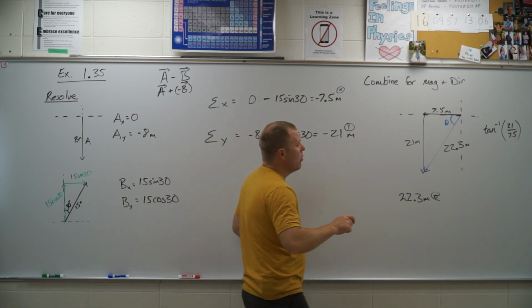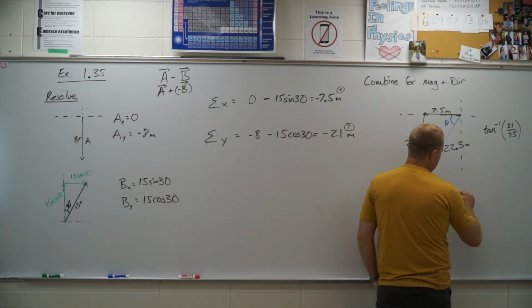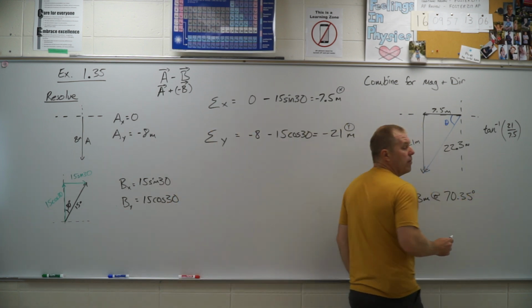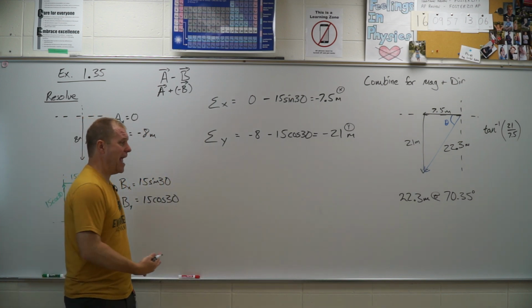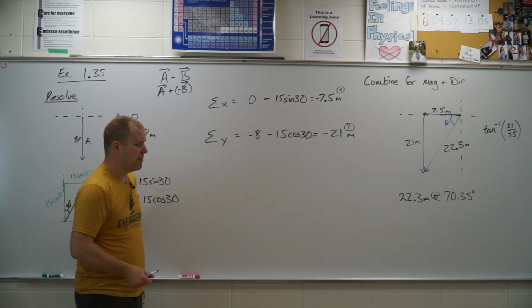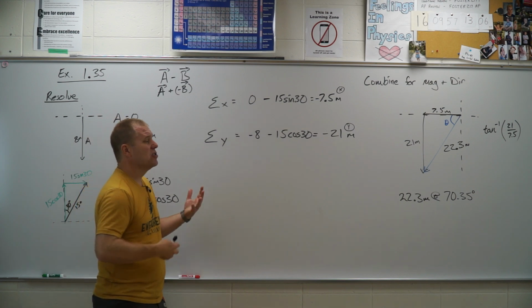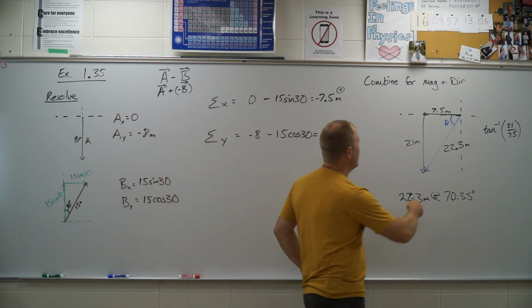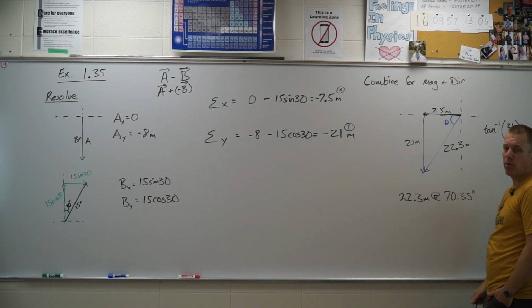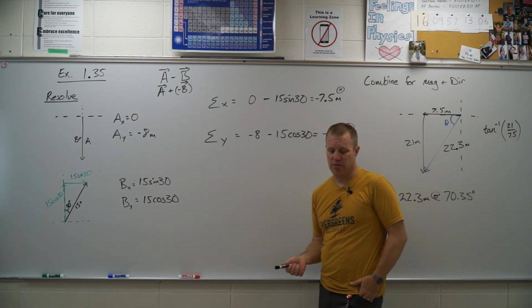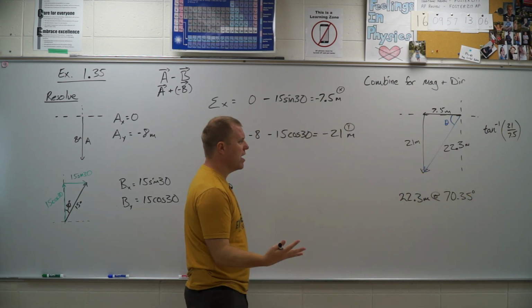All right, so I'm going to take the inverse tangent of 21 divided by 7.5, and I get 70.35 degrees. But I'm not done yet. I need a reference for that angle. It's kind of nice if it's north, east, south, and west, because I can say, well, this is 70.35 degrees to the south of west. But this isn't north, south, east, and west. This is just the x and y axis.